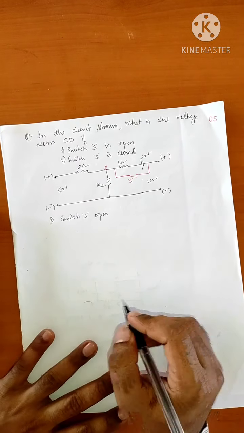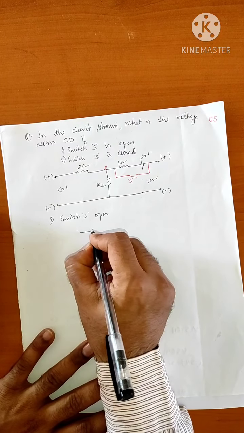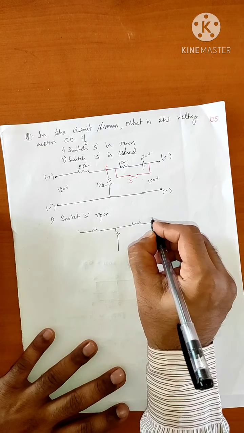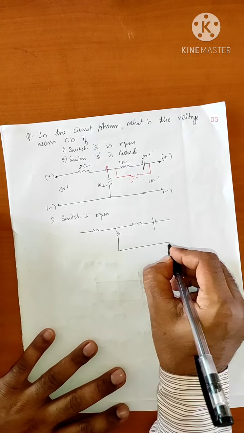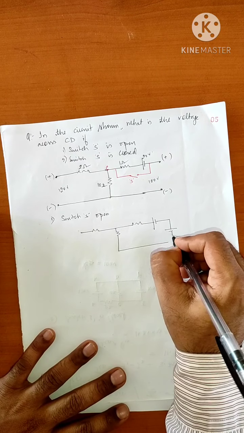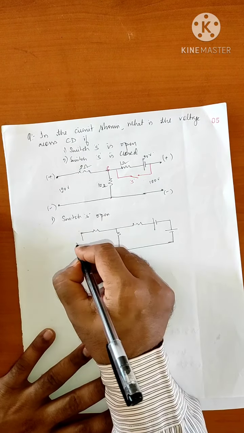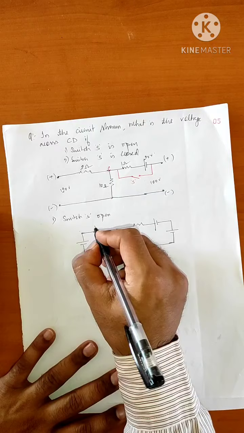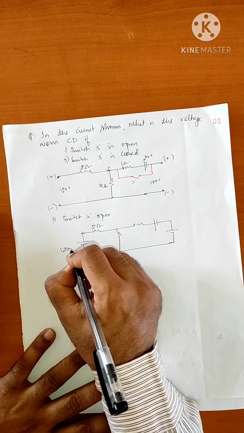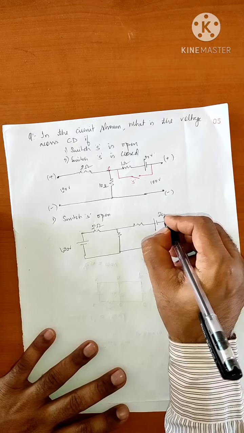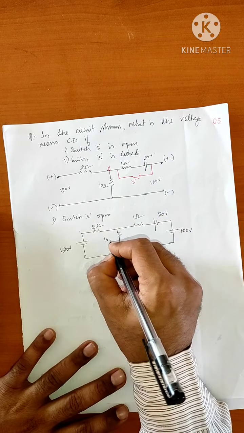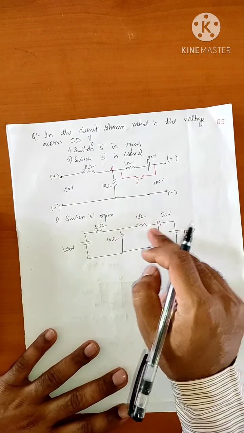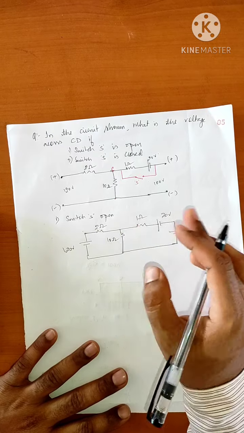Once the switch S is open, let's redraw the circuit. As it is open, only the red part is missed, so the 1 ohm resistance and 20 volt source will not be appearing in the circuit.